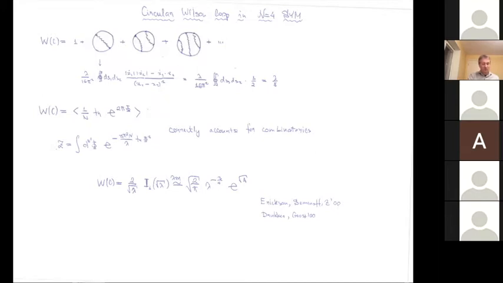So not that we can compute a lot, but we can still compute certain observables, and one of them is the circular Wilson loop. So let me remind you how it works in N equal 4 super-Yang-Mills. If one inspects perturbation theory for the Wilson loop, the leading order will be given just by a simple tree-level diagram.